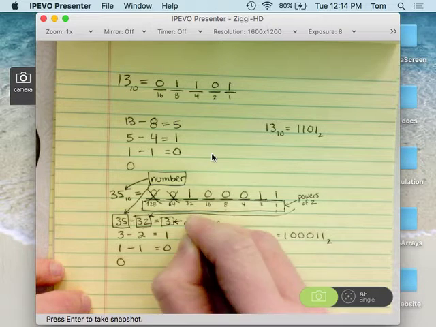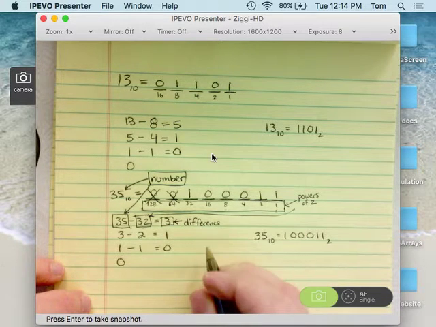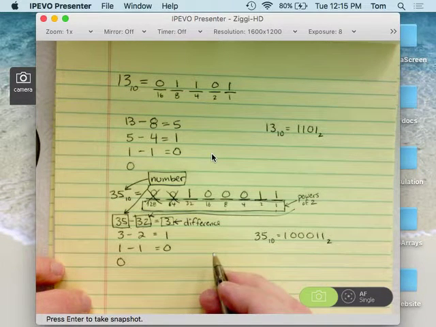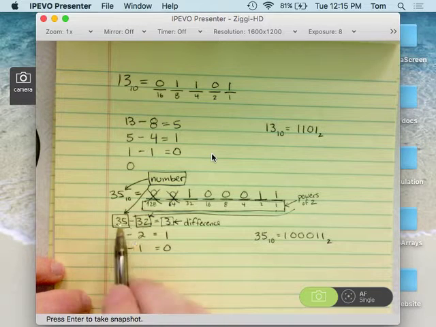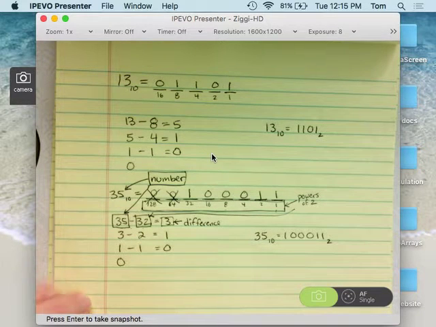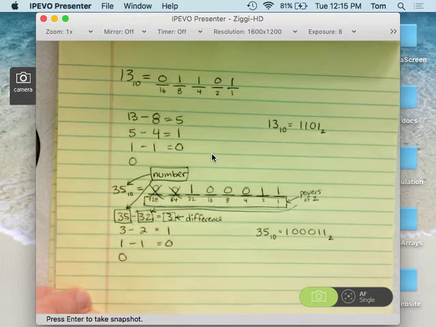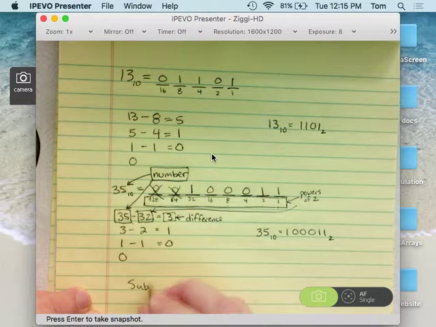If you want to make a connection to programming, what we're doing right now is defining the variables that we need. We need a difference variable, a power of 2 variable, and a number variable. Now let's take that and define our subtraction method.